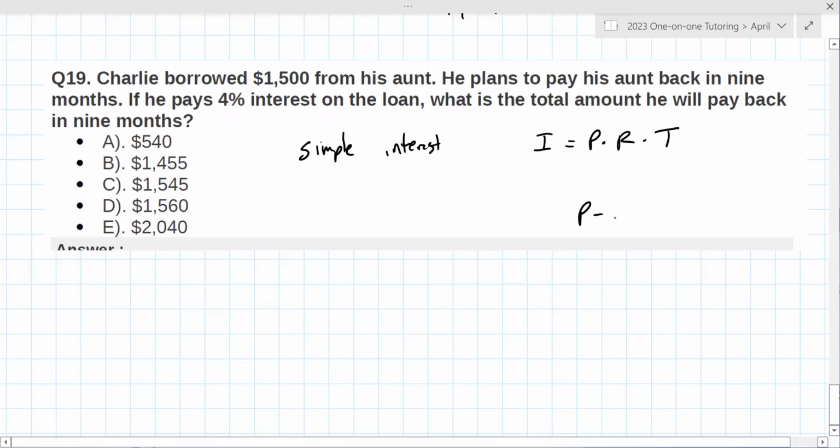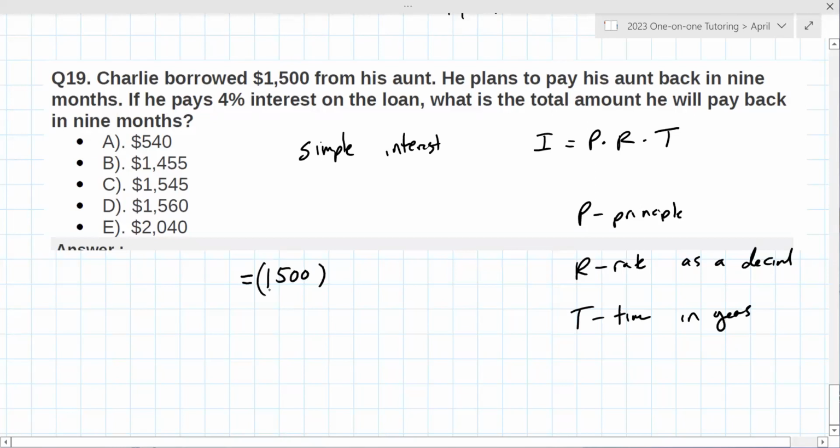P stands for the principal, that's the loan amount. R is the rate, as a decimal. And T is the time, in years. So in this problem, the principal is 1,500. The rate is 0.04, and the time is 9 months out of 12.